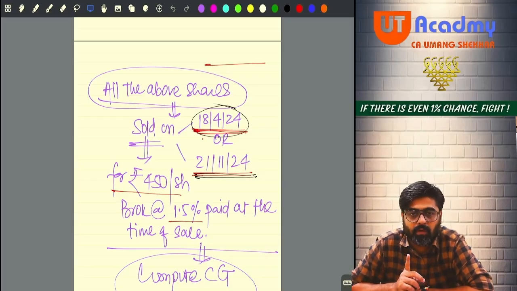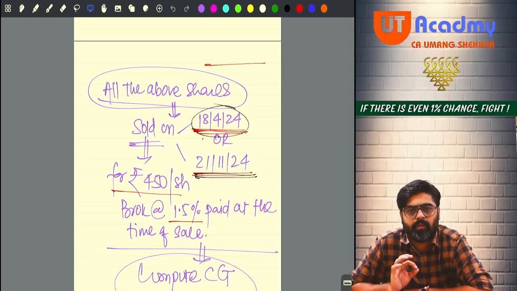Now what you will write? After writing on, you will write two dates. First date, A, 18th April 2024, or B, 21st of November 2024.